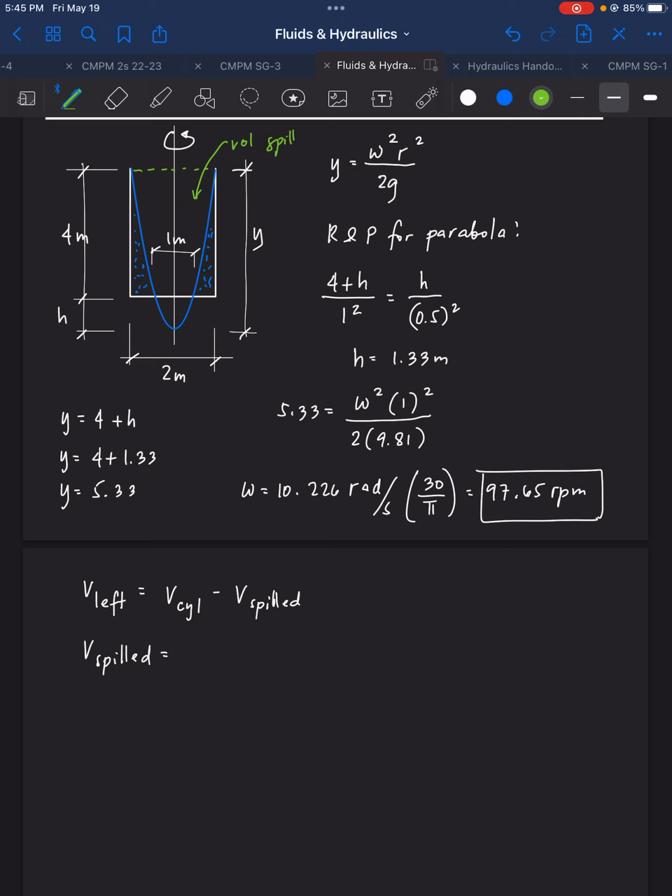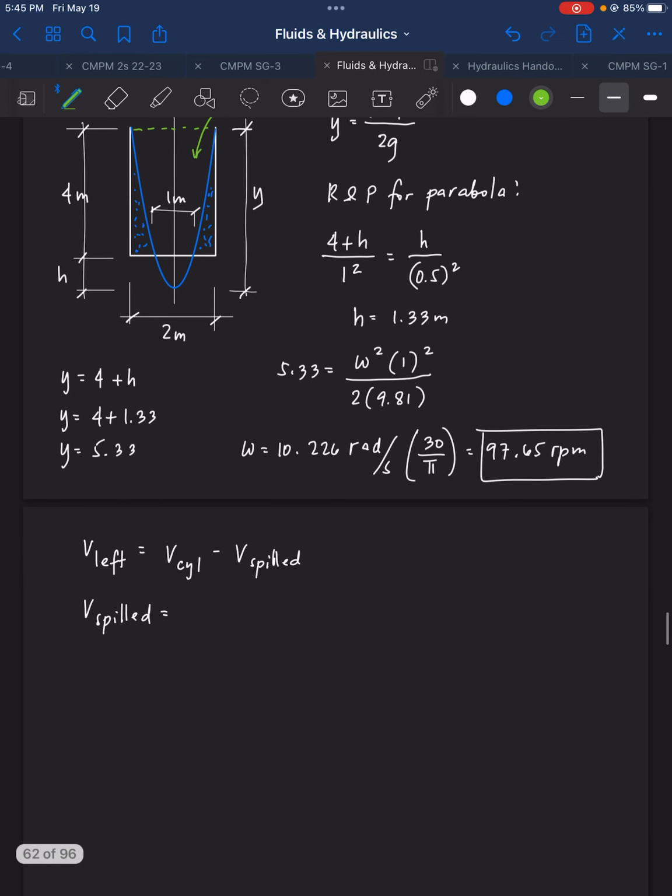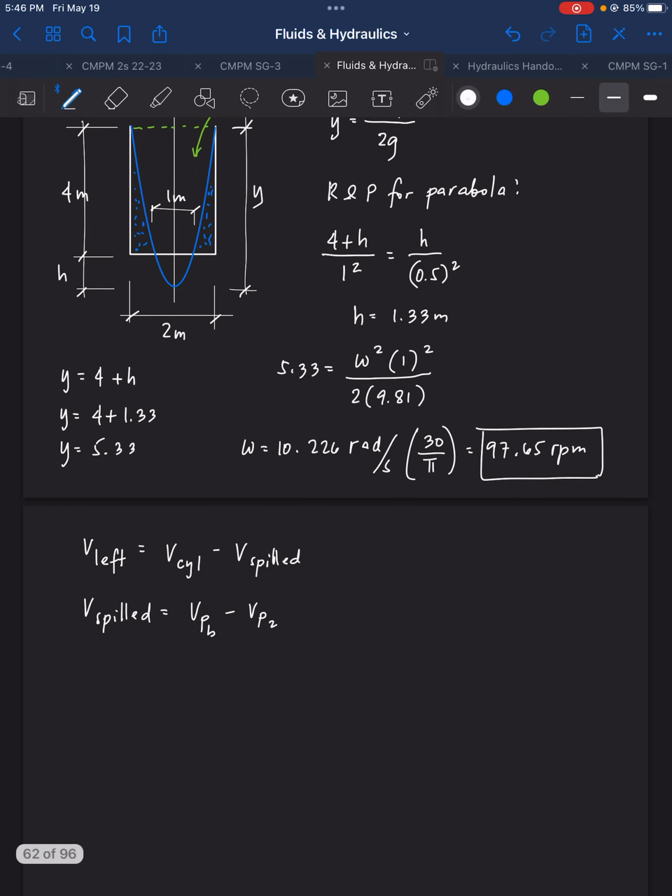How do you compute that part? That will be equal to the volume of the bigger parabola minus the volume of the smaller parabola. Or let's say volume of parabola big and volume of parabola small.